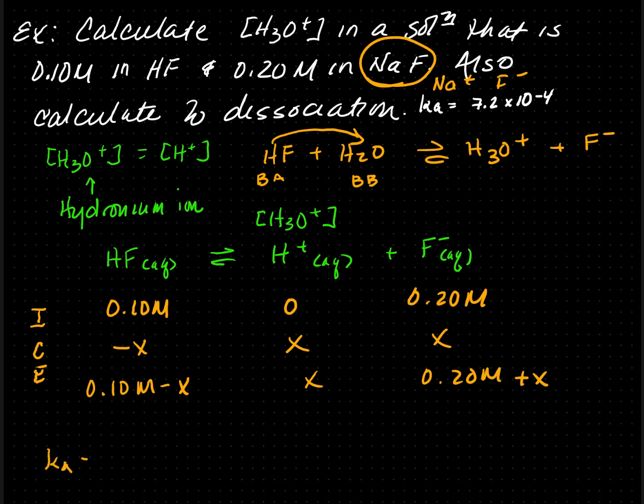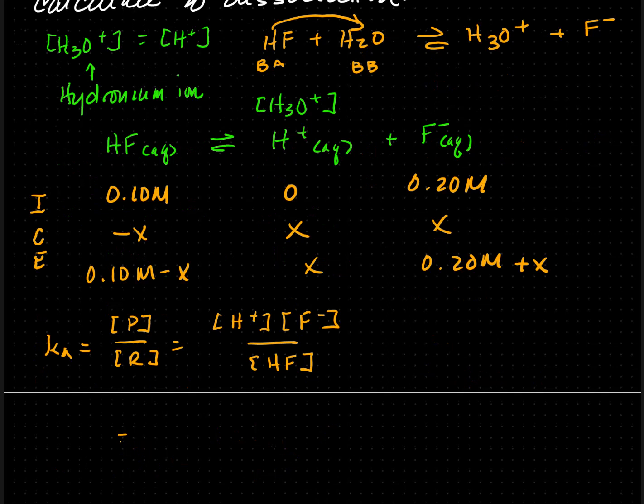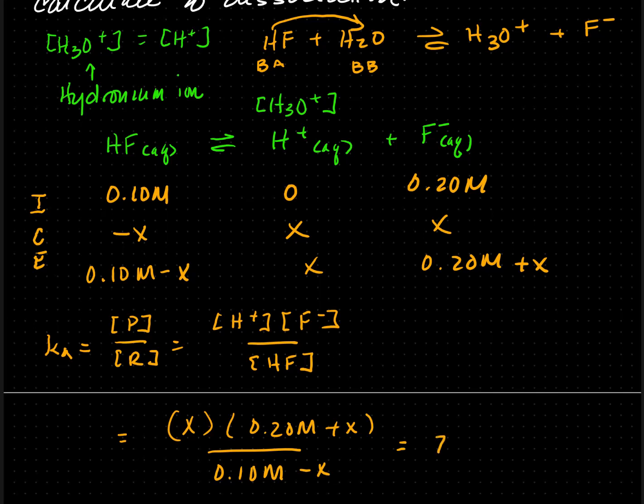Ka is going to be products over reactants, which is H plus times F minus over HF. Now I'm going to plug in my values. H plus is X, F minus is 0.20 molar plus X, divided by 0.10 molar minus X. This is equal to Ka, which was given as 7.2 times 10 to the negative fourth.